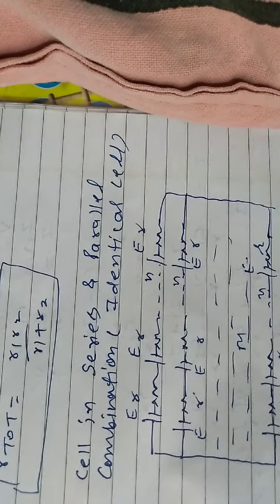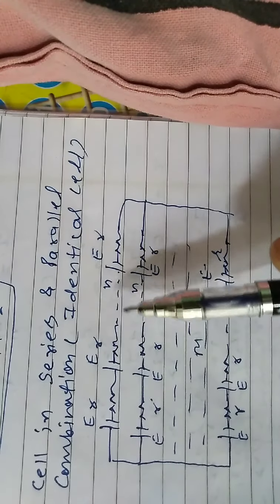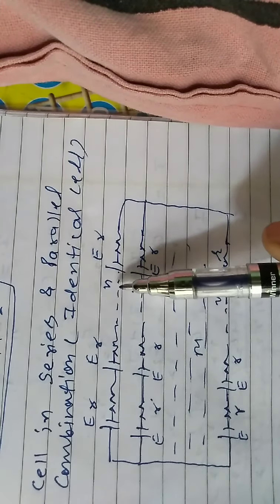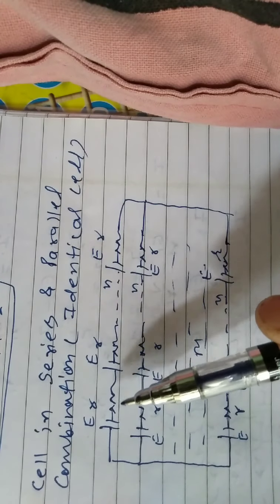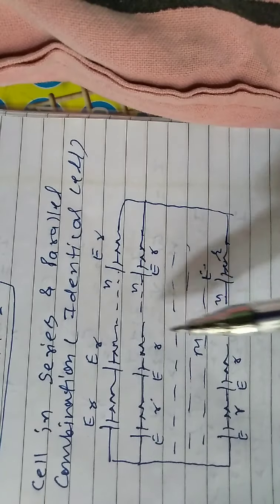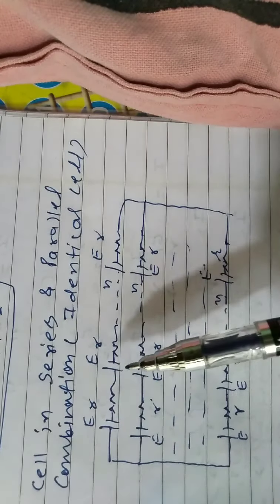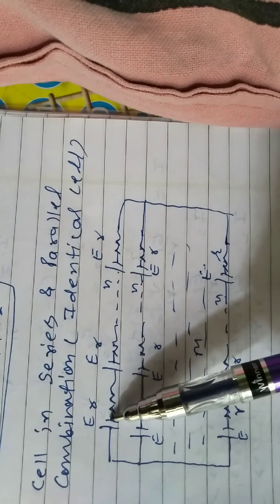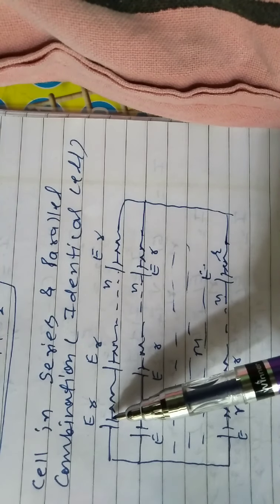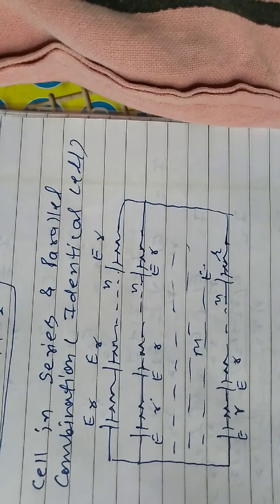Next topic is cells in series and parallel combination for identical cells. Let we have any number of cells connected in series combination. Let we have total m rows of these cells. Now we can find the total EMF and total internal resistance of the cells connected in series combination in one row, in the second row, and in the last row.